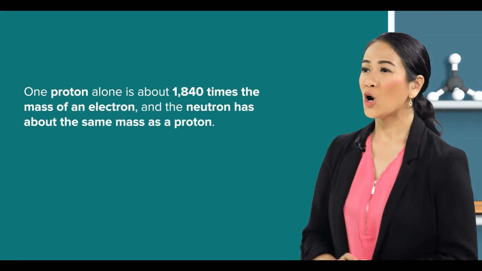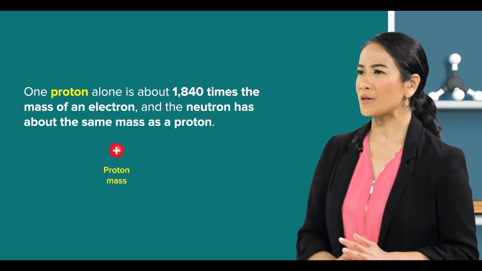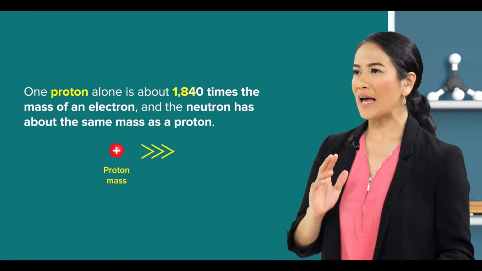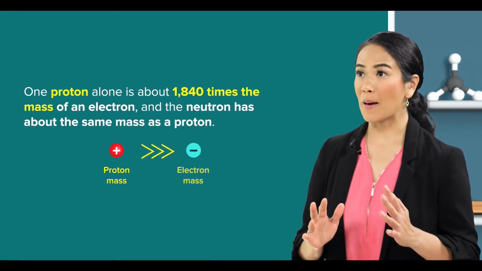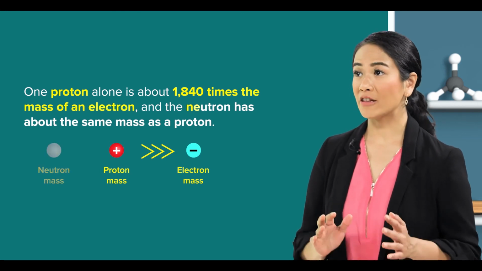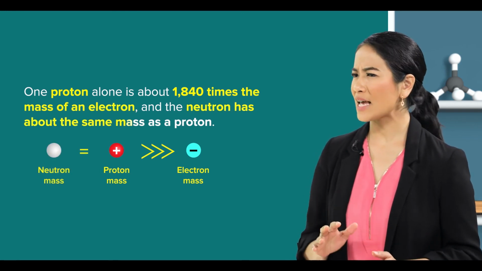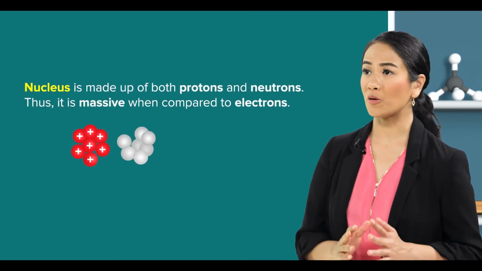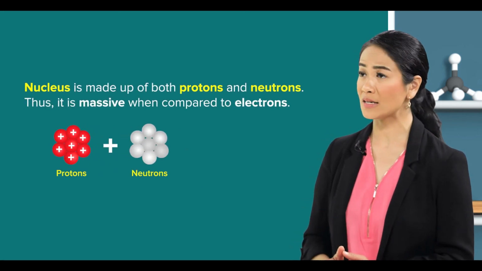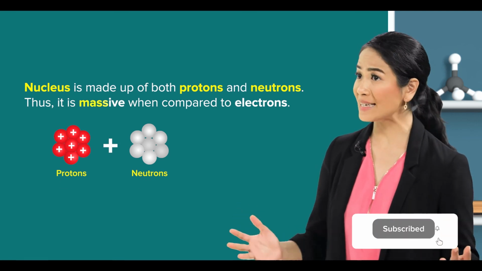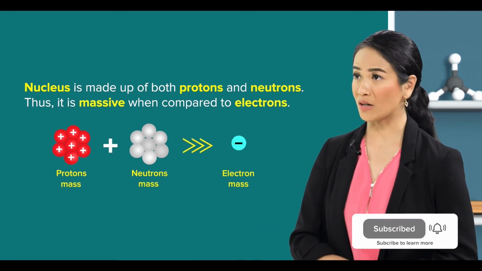Well, Fedi, one proton alone is about 1,840 times the mass of an electron, and the neutron has about the same mass as a proton. Since the nucleus is made up of both protons and neutrons, you can imagine how massive it is compared to electrons, right?